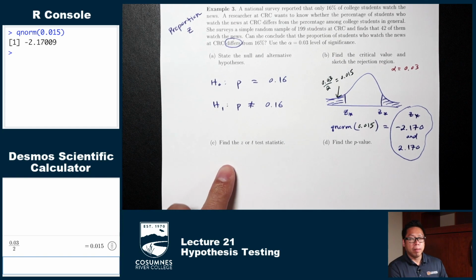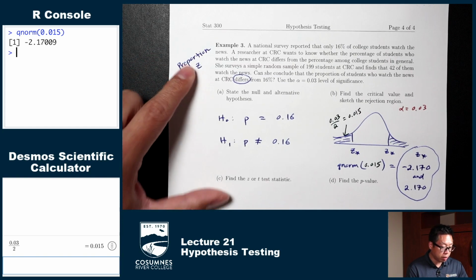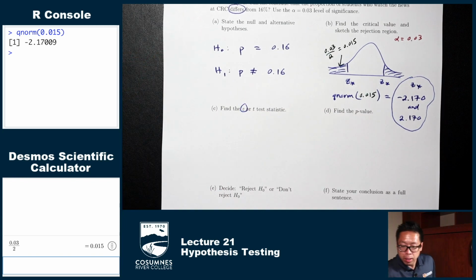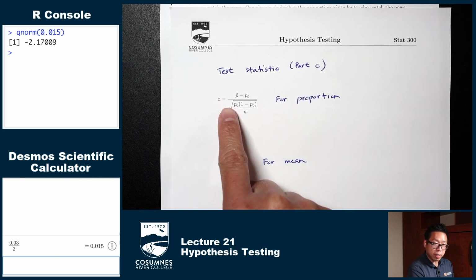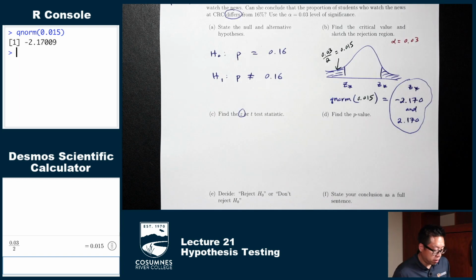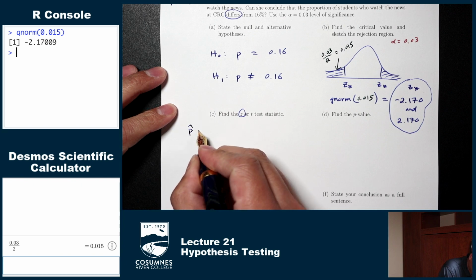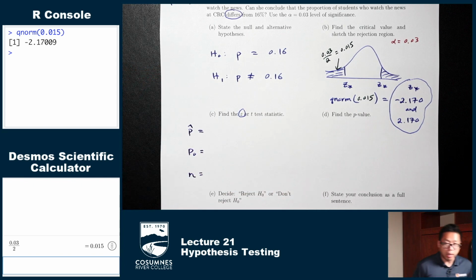Part C. Find the z or t test statistic. We're talking about proportions here, so I'm looking for the z. So we're going to be using the z formula. This one has a p hat, a p0, and an n. So I'm going to write that down. P hat is the proportion from the sample.